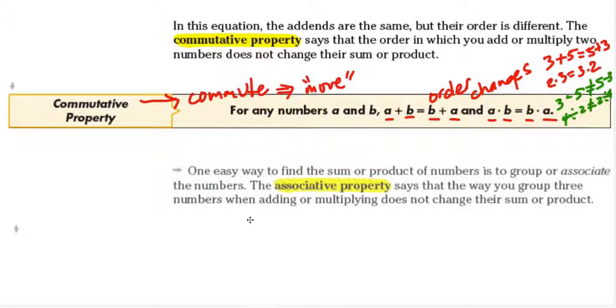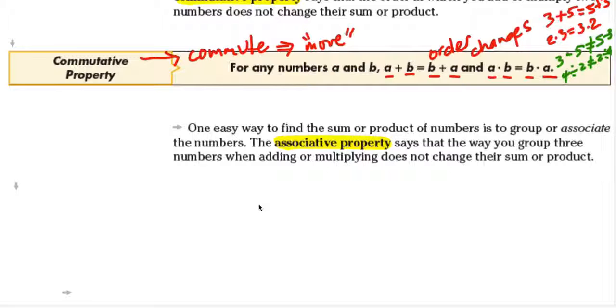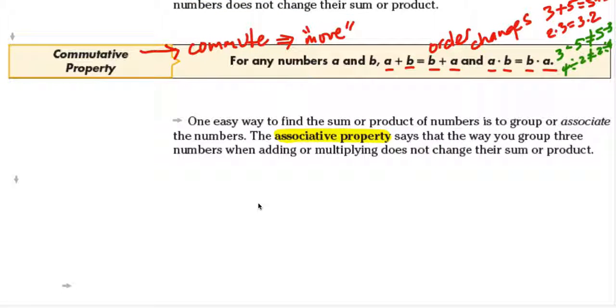In the next property, one easy way to find the sum or product of numbers is to group, or associate, the numbers. That's why we have the associative property, which simply says that the way you group three numbers when adding or multiplying does not change their sum or their product.